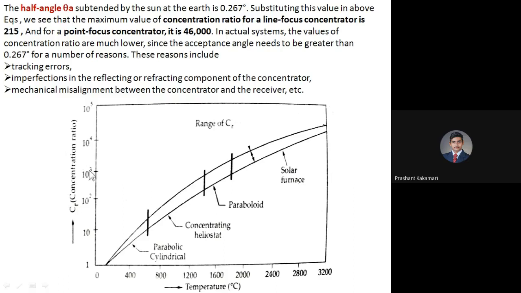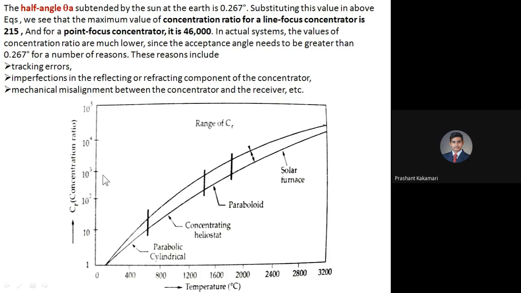So many mirrors or concentrating collectors have to be attached on the ground or on the collector system, and then we can focus so much energy on the furnace or the given point area. The temperature we can cross is about 2000 because of the higher concentration ratio. Then for the paraboloidal system, the concentration ratio is in the range of 10 raised to 2 to 10 raised to 3.